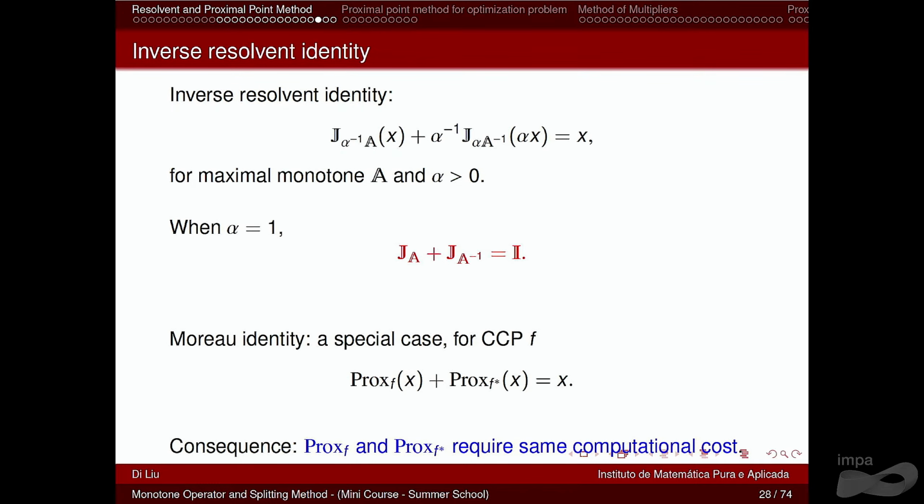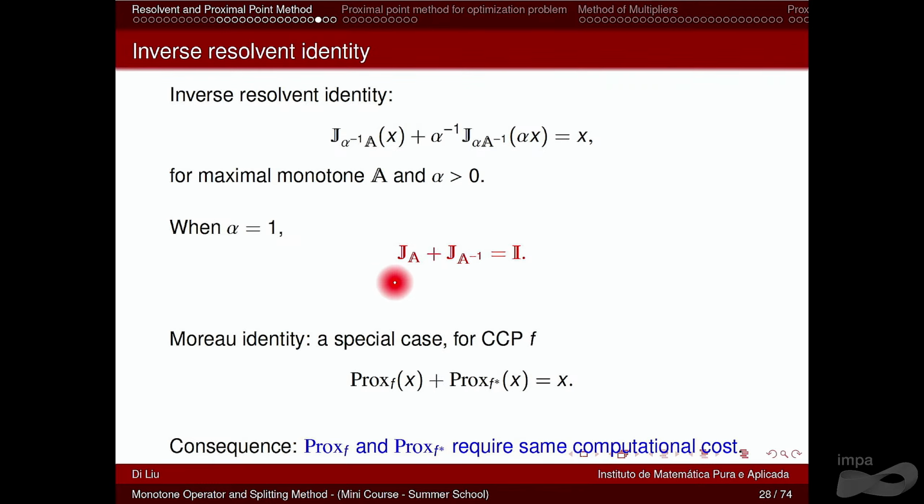And okay, this is a very interesting result. It's called the inverse resolvent identity. The proof is not very trivial. You need to use some properties of the firmly non-expansive operators. Okay, we just go to a special case when alpha equals 1.